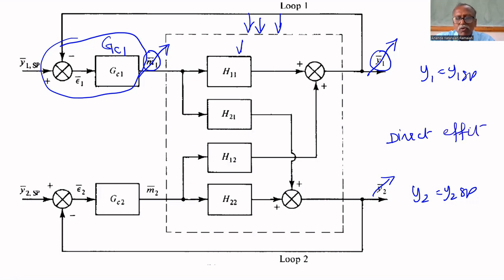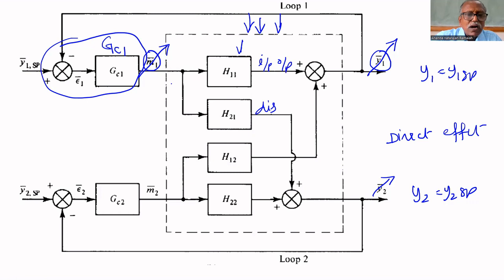Direct effect of M1 on Y2 or direct effect of M1 on Y1. These two are direct effects of M1 on Y1 and Y2. This is a disturbance path, and this is the input-output path, like control on Y1.